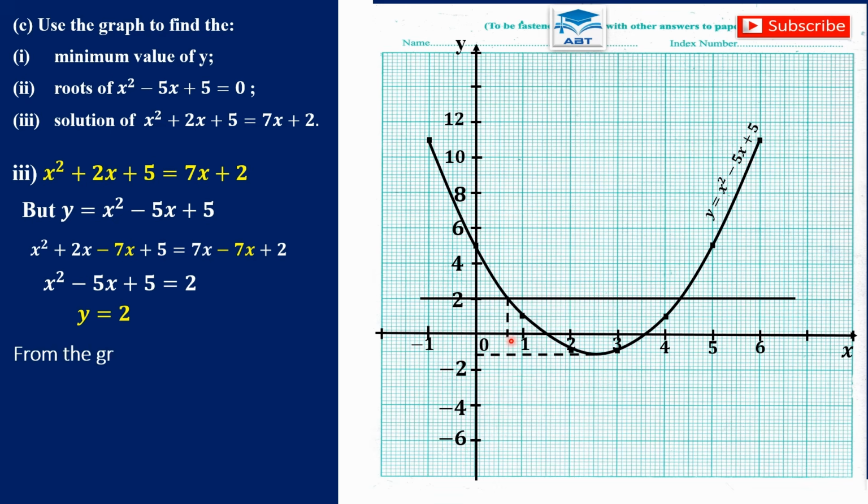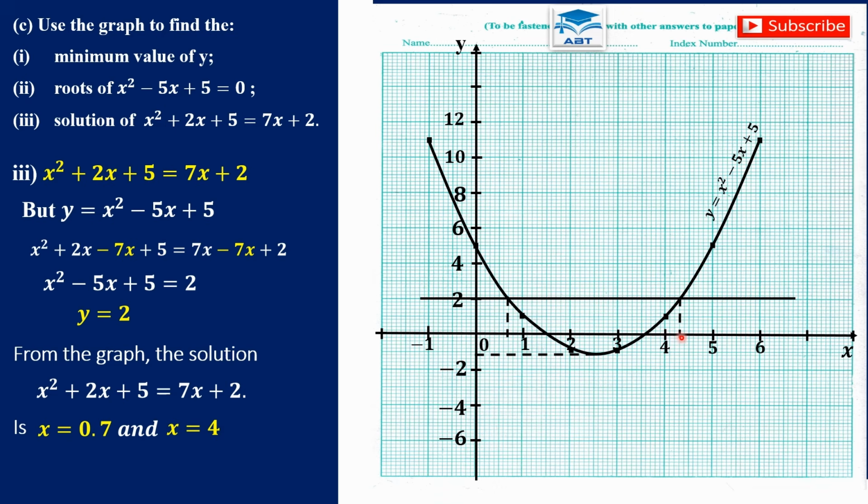So that will be 0.7. And it also cuts the curve here. We project it to the x-axis for our reading. That will be 4.3. So the solution of this equation is x is equal to 0.7 and x is equal to 4.3.